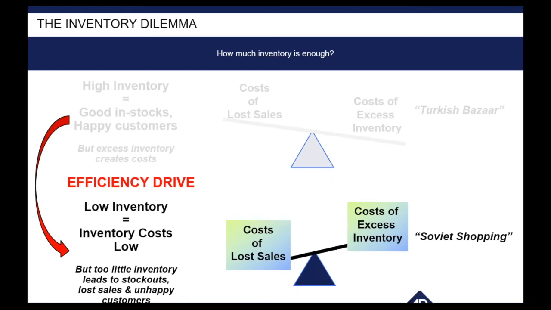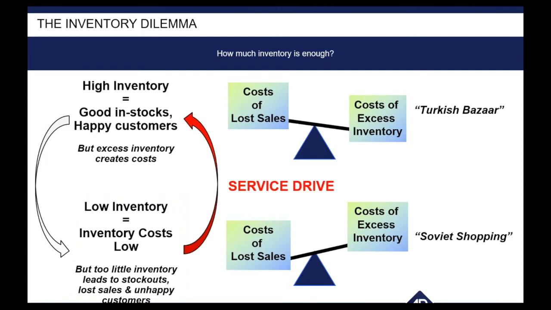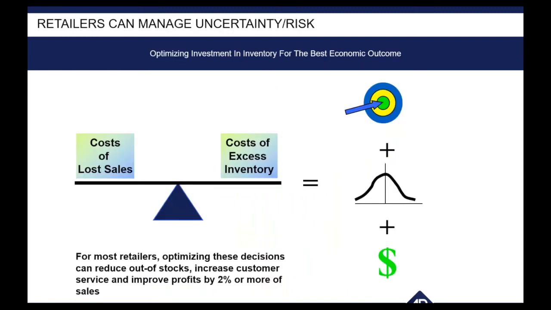And it's not quite the Soviet shopping experience, but even a 0.5% or 1% lower service level, everything else being the same, can be a very costly mistake. And sometimes there is a back and forth between efficiency drives and service drives, because the retailer is pursuing local goals. So applying science really means applying science in a way that a global measure of optimality is achieved.